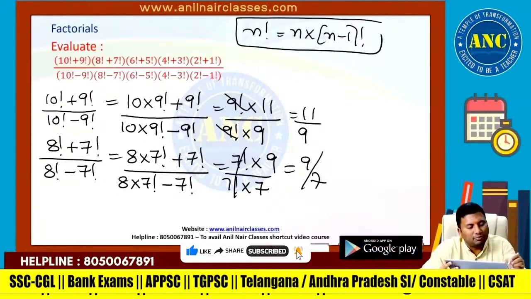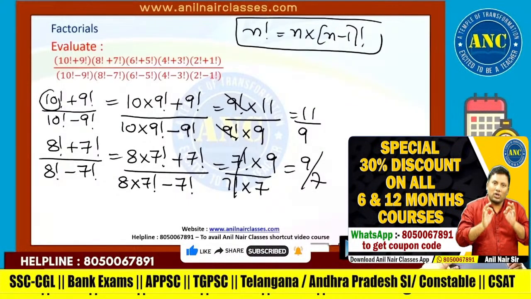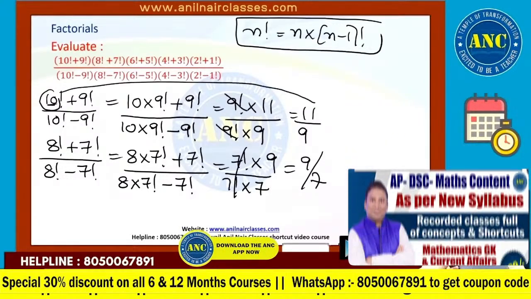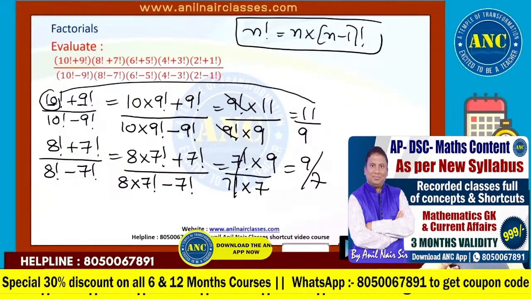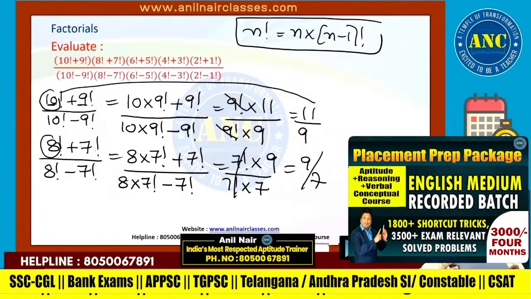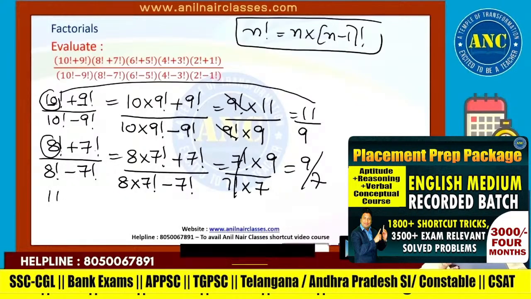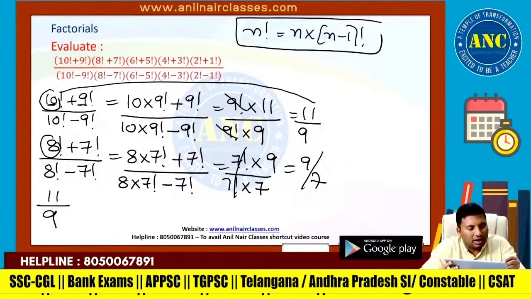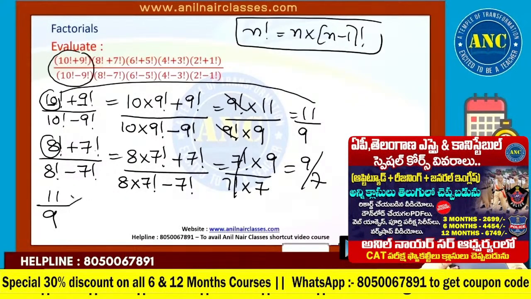That means if you observe, if it is 10 factorial plus 9 factorial, for 10 I got 11, which is 1.9 exactly it is like this. 8 factorial, I got 9. 7 factorial, 7 is like this. So first it is 11 by 9 for this one. Next it is 9 by 7.